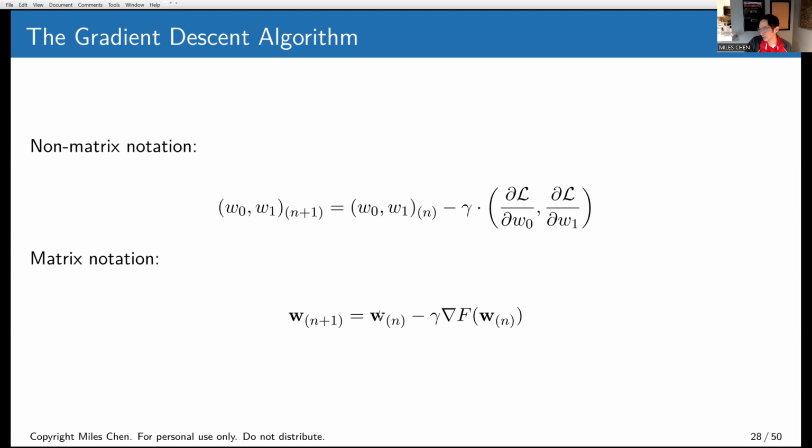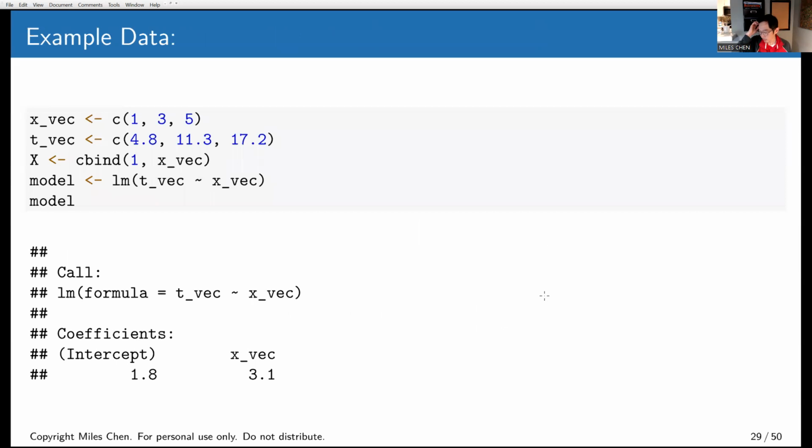Or we can just say, oh yeah, we know W at time n is these two components, and we know nabla F of W at time n is just this thing as well. Okay, so this is going to be our solution.